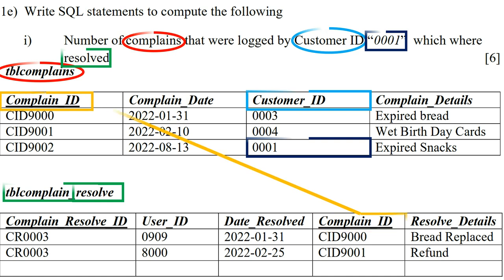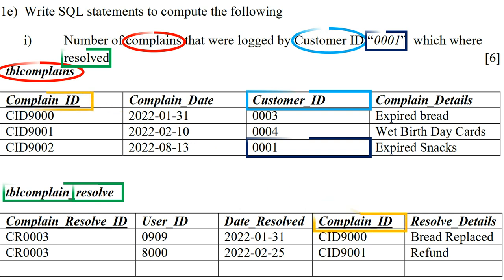So in simple terms, all the complaints which were resolved exist within table complaint resolve. So complaints with ID CID 9000 and CID 1001 are the only two complaints which were resolved.